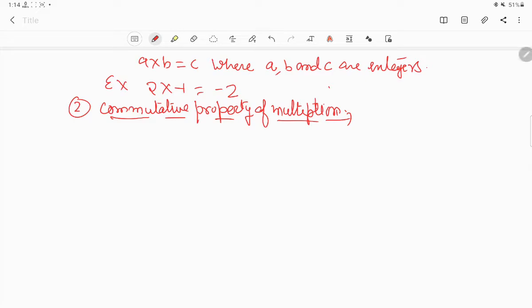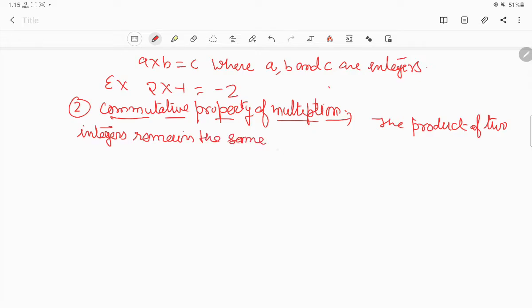So the product of two integers remains the same if their positions are interchanged.